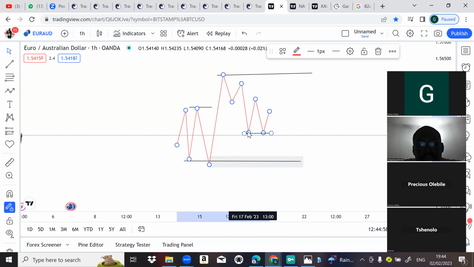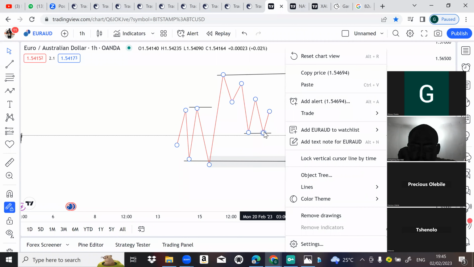So if we have a double bottom, 1, 2, it means we have stop losses resting below this level. So the price has to collect the stop losses. And when the price collects the stop losses here, then at the order block, we buy. The price has to collect liquidity in order to move. So the price has to take out the stop losses and then it can move up.